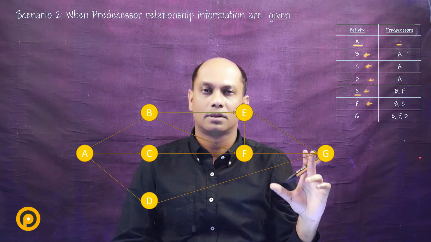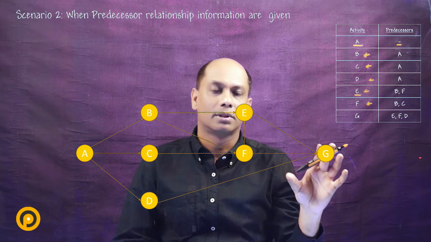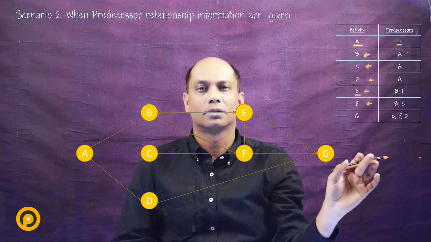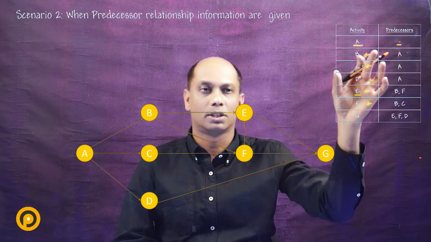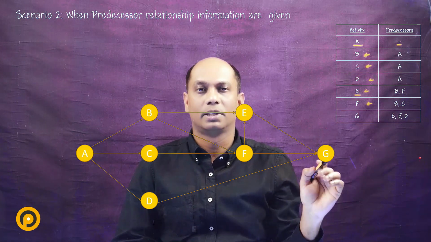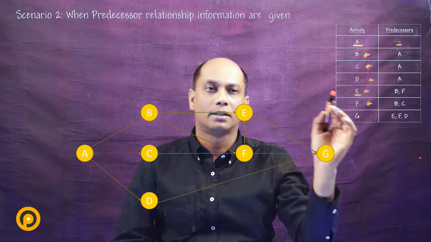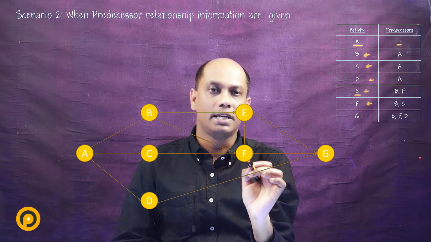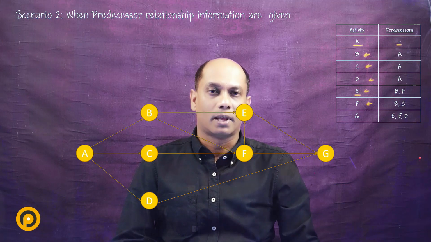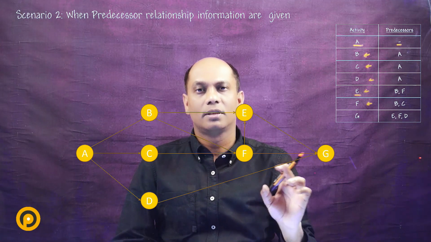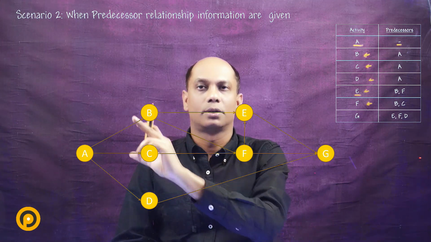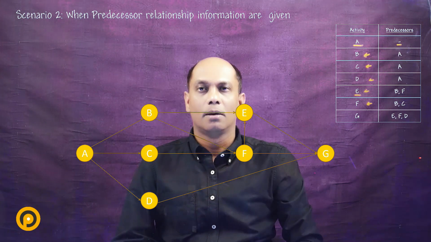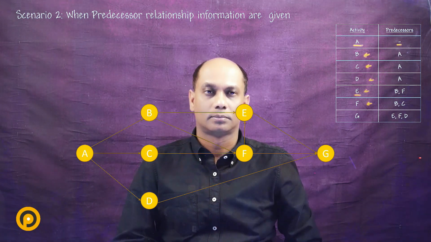So the arrow directions are important. We checked the whole diagram in the last problem, so I'm not going to check all of them, but I'm randomly checking activity E and finding that B and F are the predecessors to activity E and the arrow directions are right. Okay, with this we complete scenario 2, when we have predecessor information given.